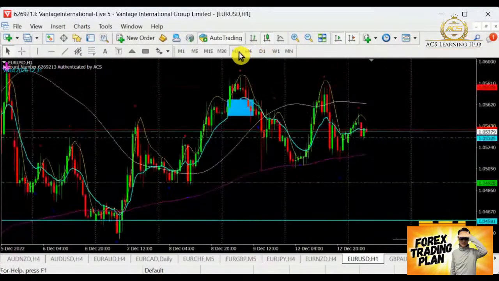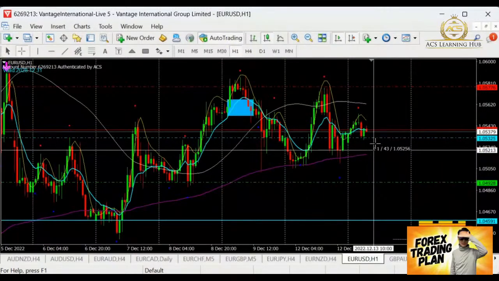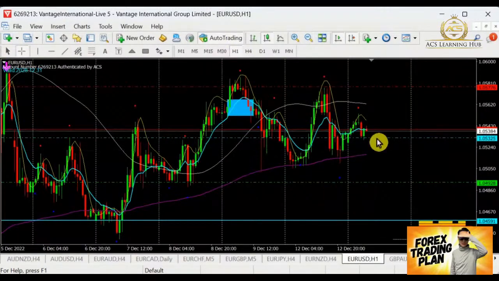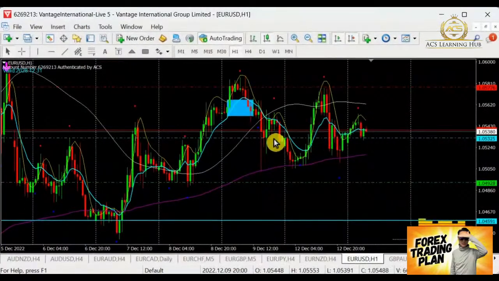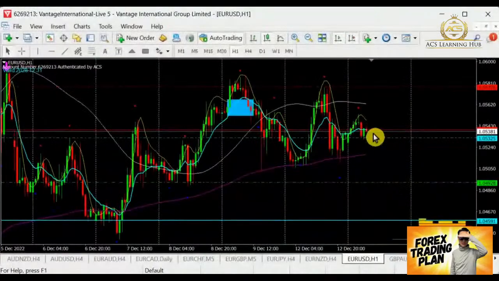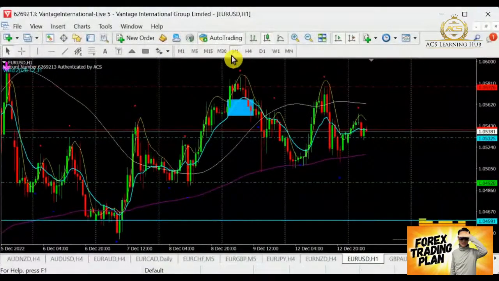So will there be a chance that the Euro Dollar will continue selling and break through this area? Then we'll look for another lower support, which is only about 10 pips. Not a lot, so just take note. This is a buy. Allow it to go and test the resistance up there before we take action.